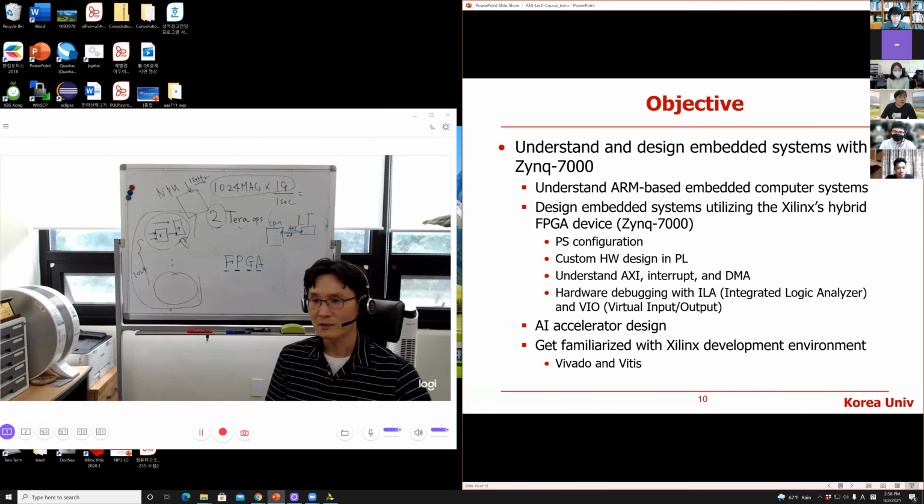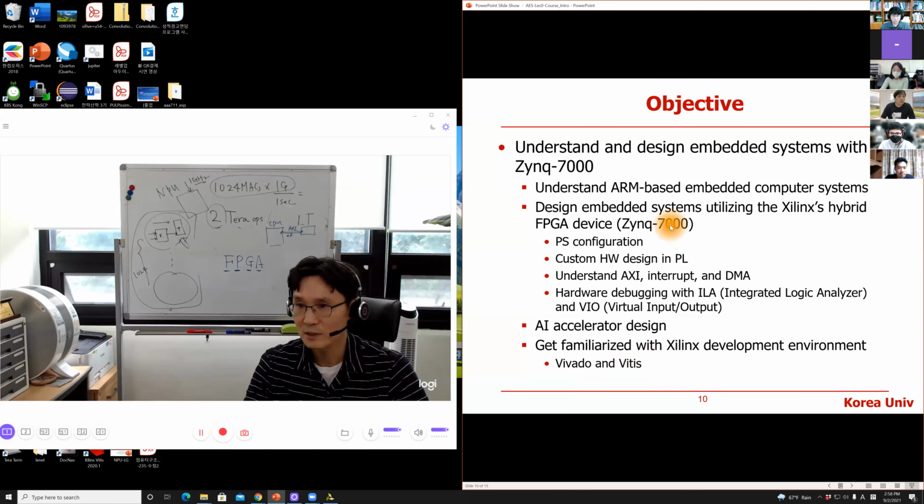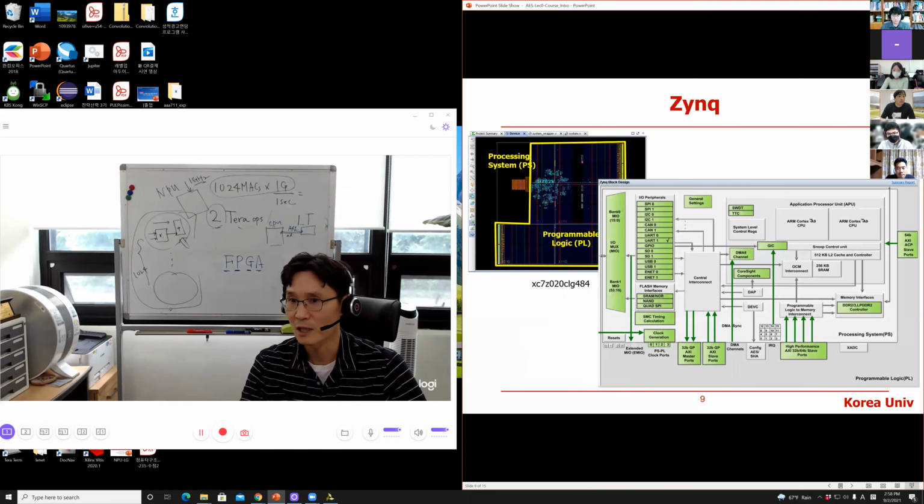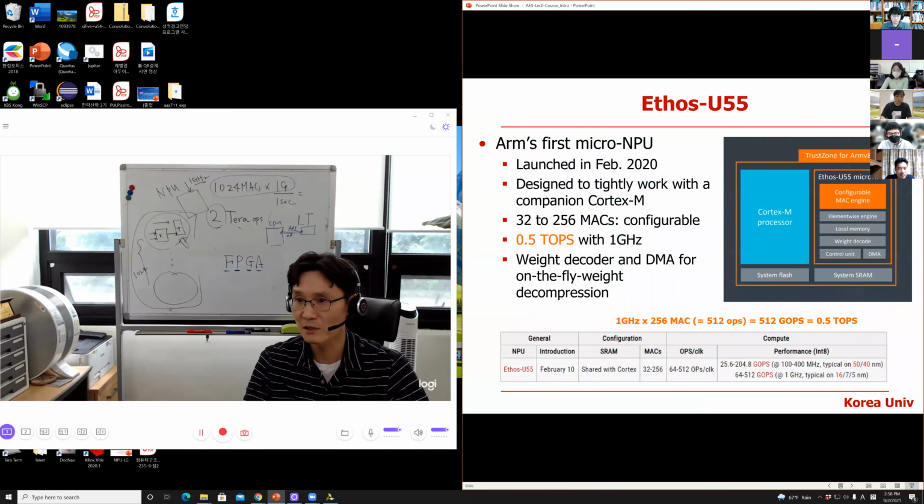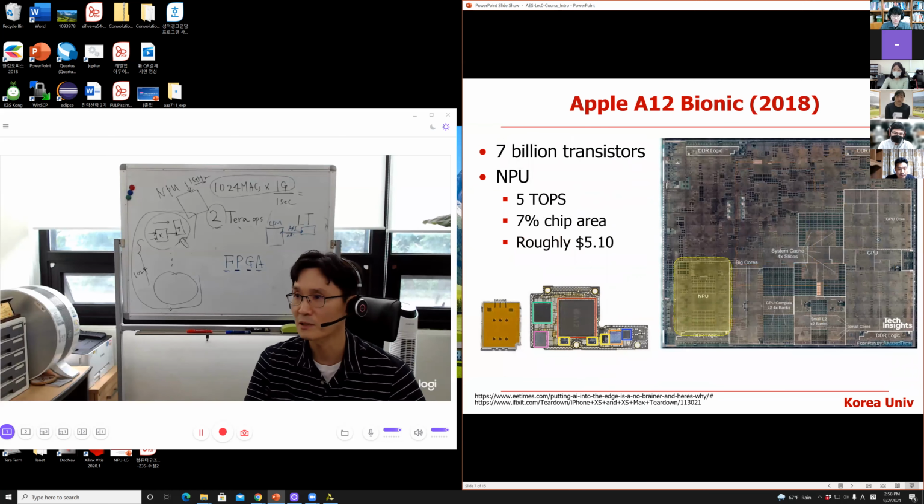If you go to Samsung, SK Hynix, or LG after graduation, they use this Xilinx development environment, Vivado, right? Vitis, right? Once you get familiar with this environment and play with this real chip, that will help you a lot after graduation. This is real stuff, not theory.